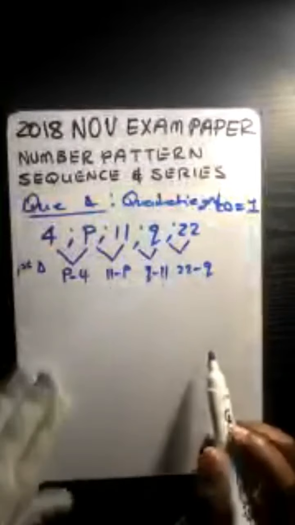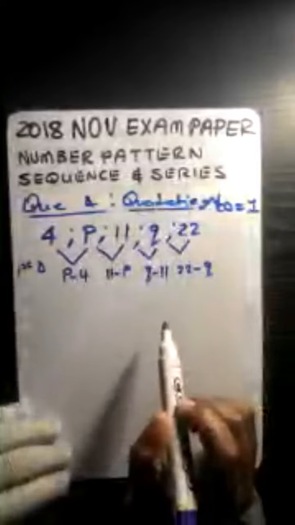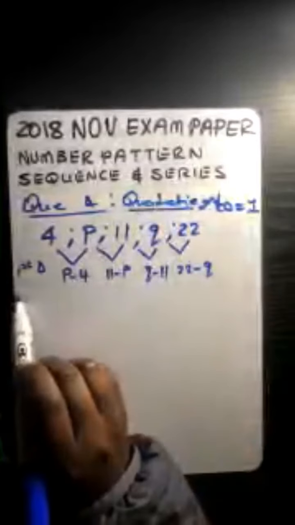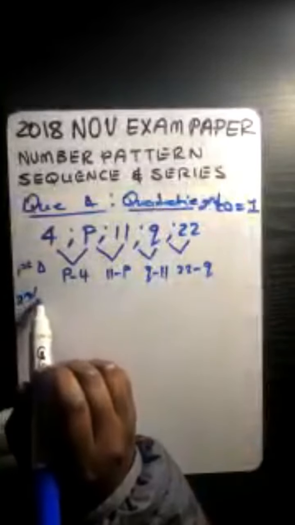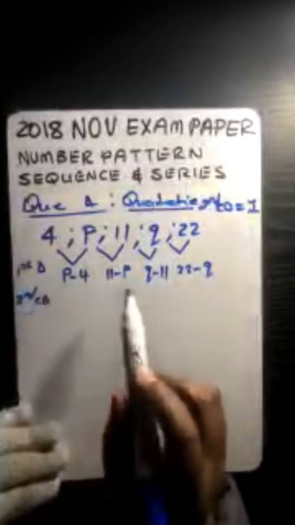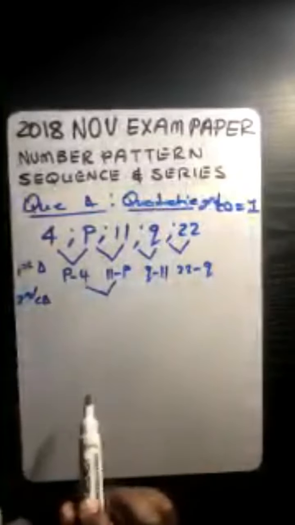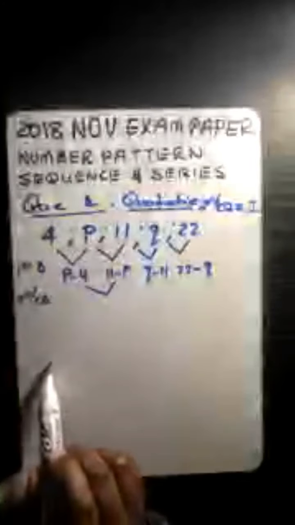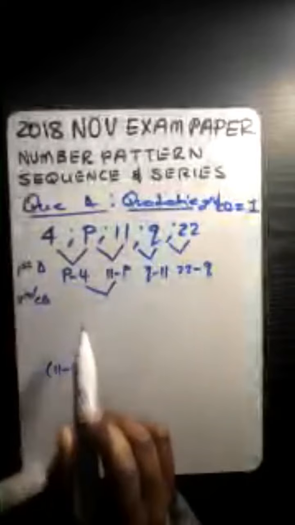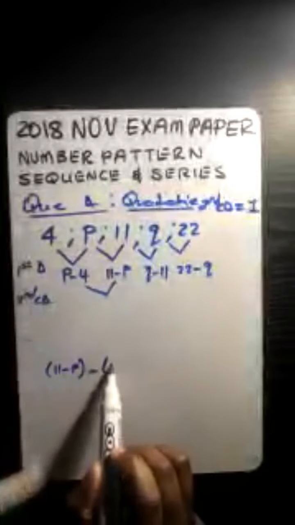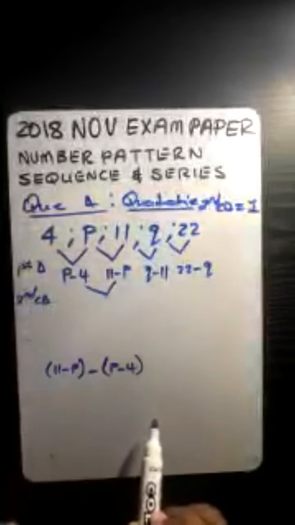But remember, guys, this is a quadratic, so we extend to the second common difference. That means we take this minus that. You can just work it out on the side. It's 11 minus p minus, in brackets, p minus 4. It is very important that you put it inside the brackets.